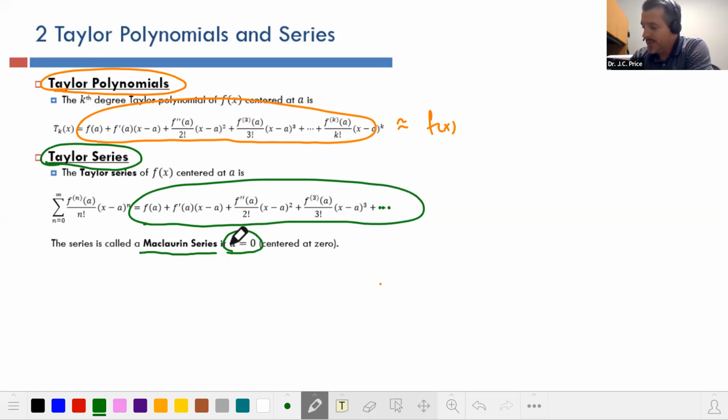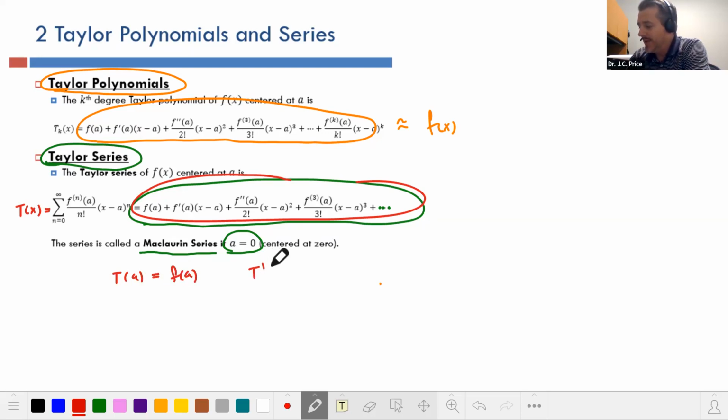Now also, this series has a property. Let's give it a name. We'll call this T of x. So this series T of x has the property that if you plug in a, it'll be equal to the function at a. If you take the derivative of that Taylor series and then plug in a, it'll be the same thing as the derivative of f evaluated at a.